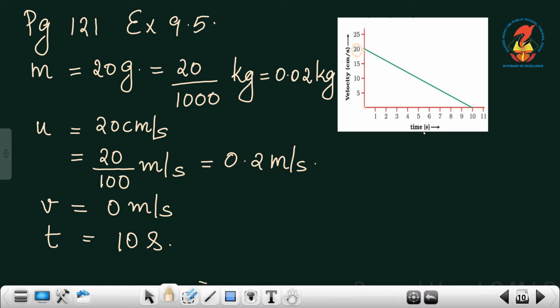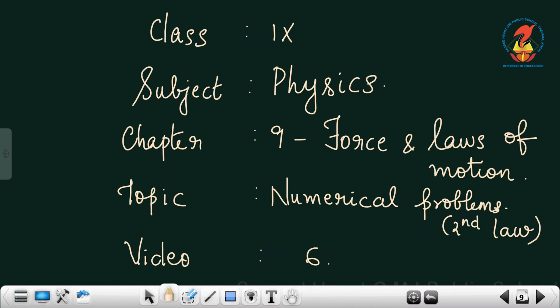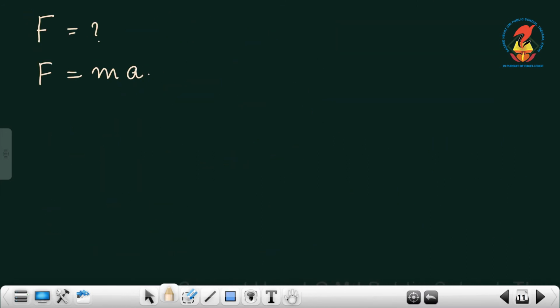Initial velocity, final velocity and time are given. So, let us rewrite the equation F is equal to ma as F is equal to m into, we know acceleration is (v minus u) by t. So we just substituted the formula for acceleration, which is equal to (v minus u) by t.